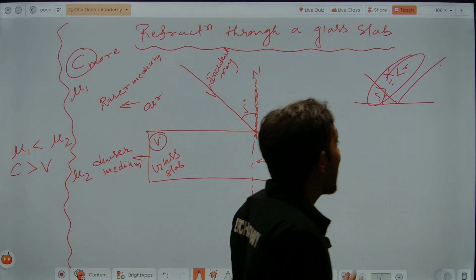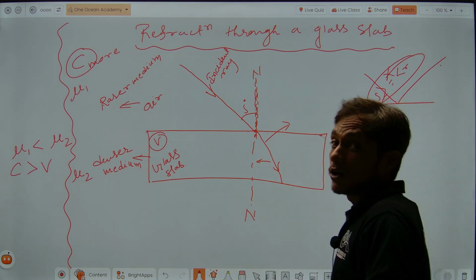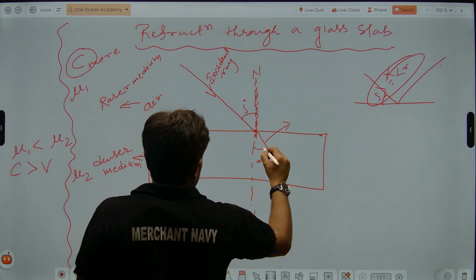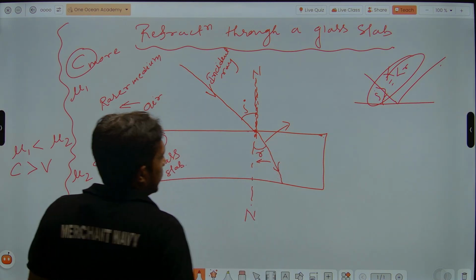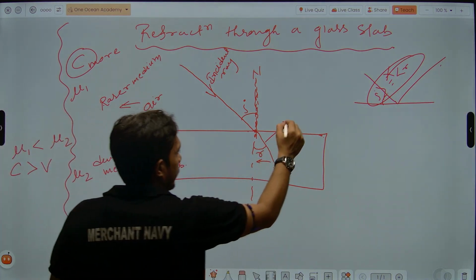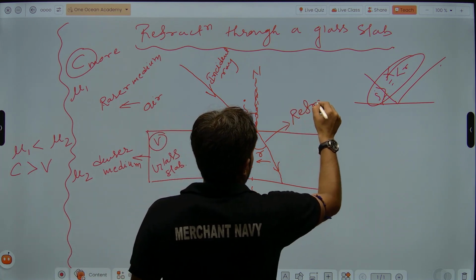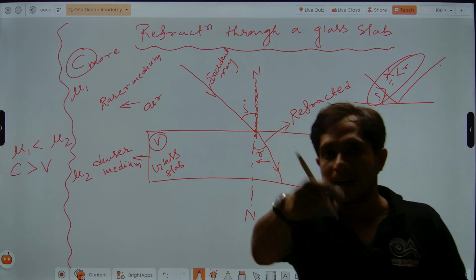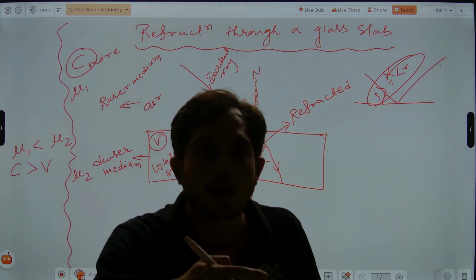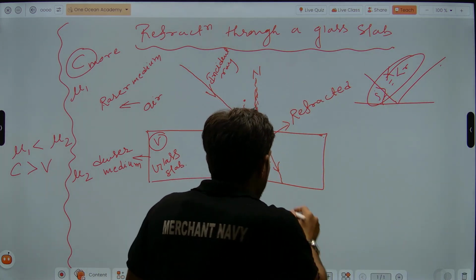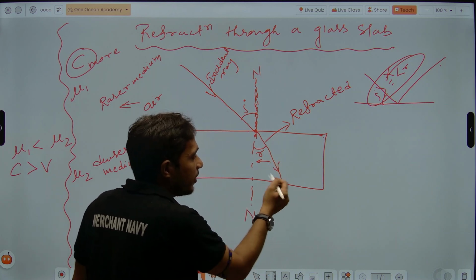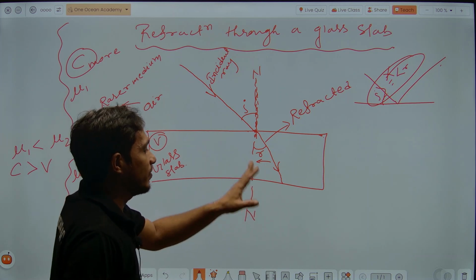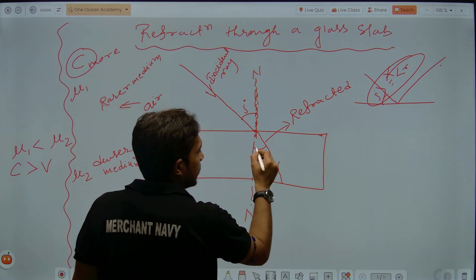But here the angle of incidence is not equal to the angle of refraction. So, this is the refracted ray. What is the refracted ray? The bending ray is known as the refracted ray. This ray is bending towards the normal.